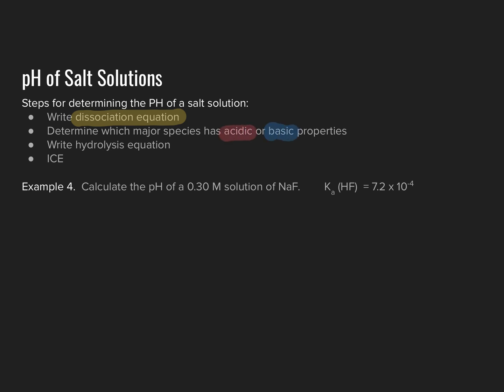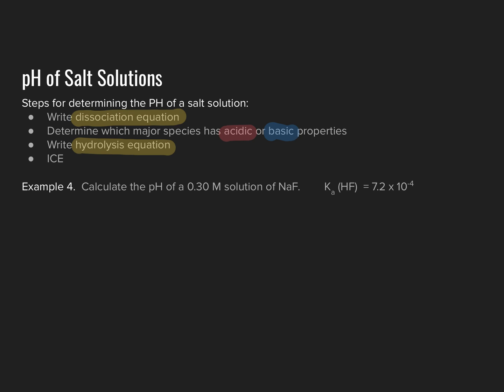Having identified those species, you're going to write a hydrolysis reaction showing the interaction between the dissolved ion and water, which is going to produce either number one, hydronium ions, or number two, hydroxide ions. At that point, you can solve an ice table to determine the equilibrium concentration of the relevant ion in solution, either hydrogen ion or hydroxide ion. So with that general framework, let's go ahead and work an example problem.